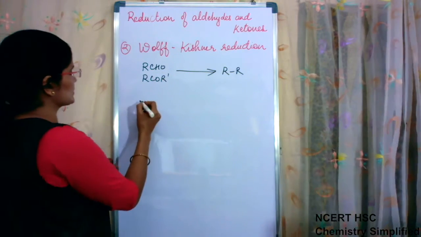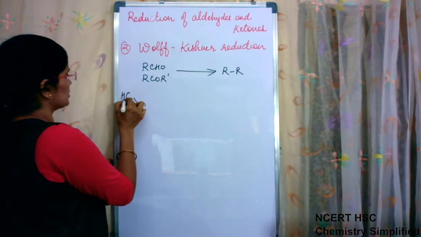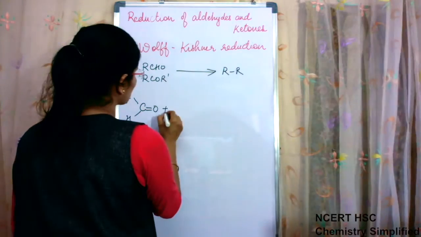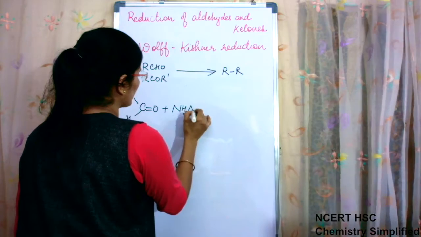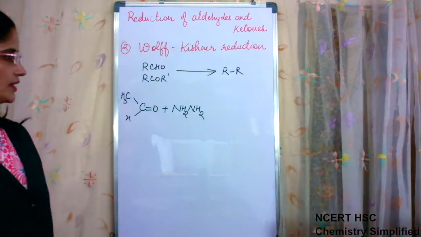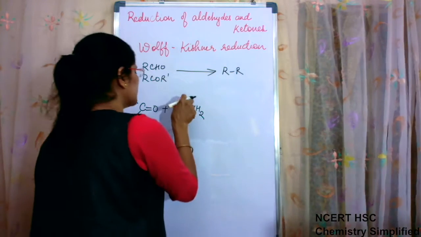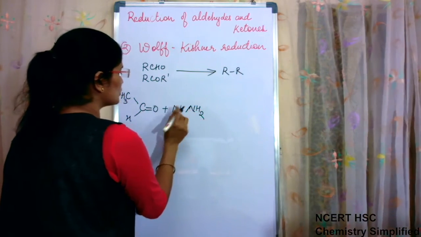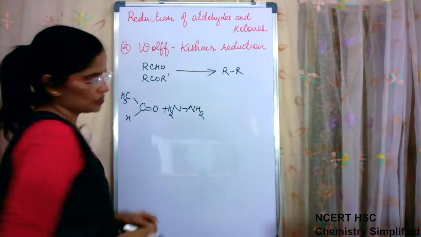First we take the example of an aldehyde again, CH3CH double bond O, which reacts with NH2NH2, this is hydrazine. We had done the reaction with hydrazine. Because we have done the reaction with it, we know that we have to eliminate water.